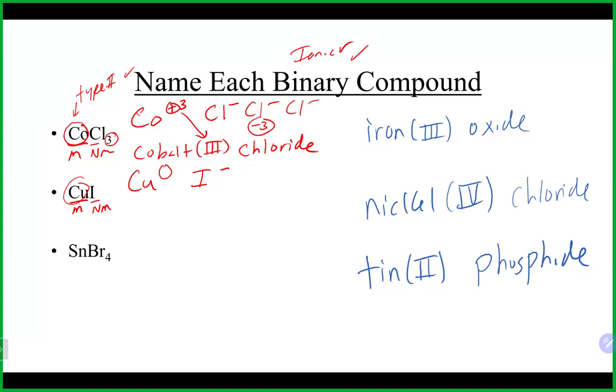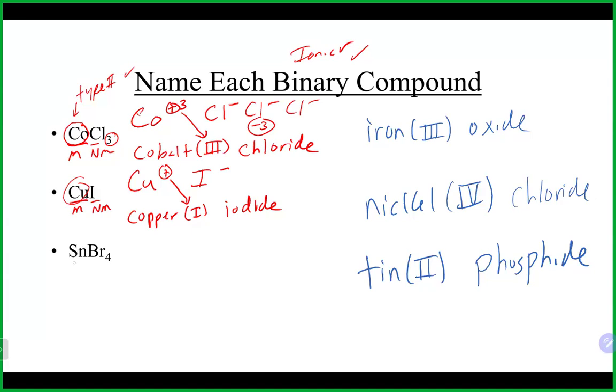Again, the goal is to get to 0 in the simplest way possible, and in this case that would just be a +1 for the copper. That gives us the whole name of the metal, copper, Roman numeral 1 for the charge, and IDE at the end, iodide. Any questions on that one?